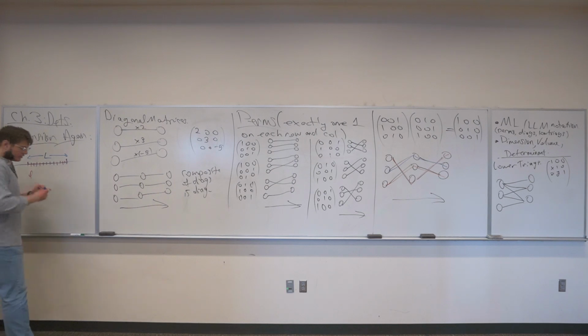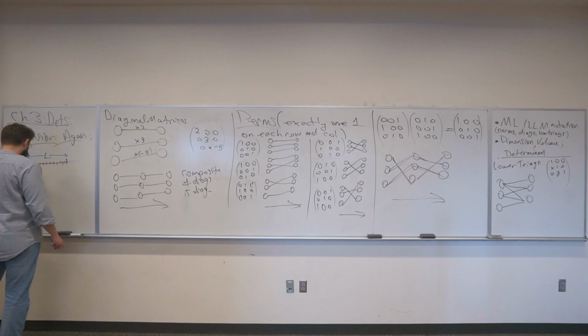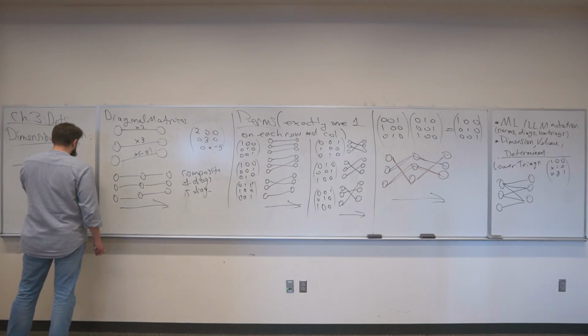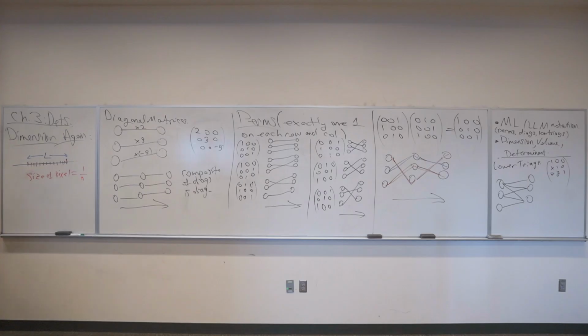So size of pixel is 1 over n. Then you say, well, if I have a bunch of pixels, each of size 1 over n, how many pixels am I going to need to describe the whole thing?